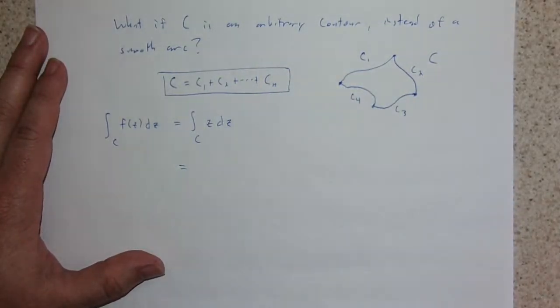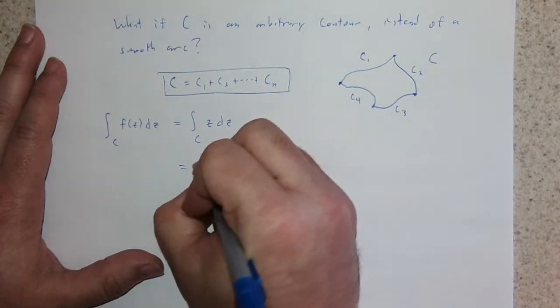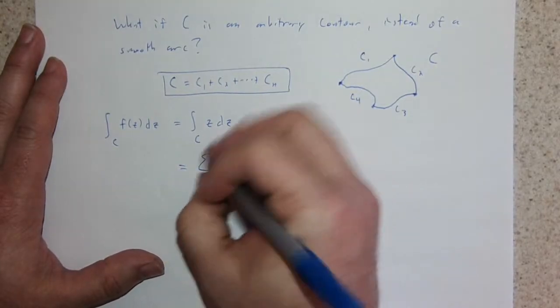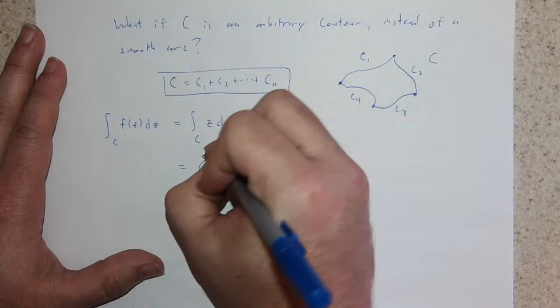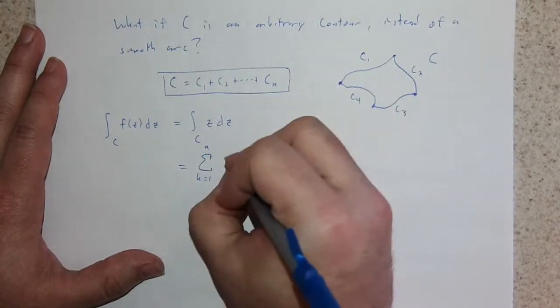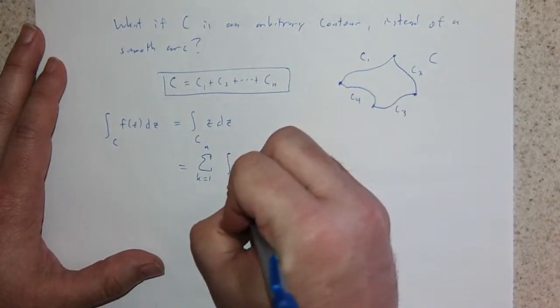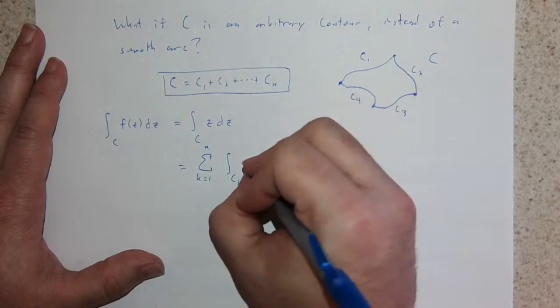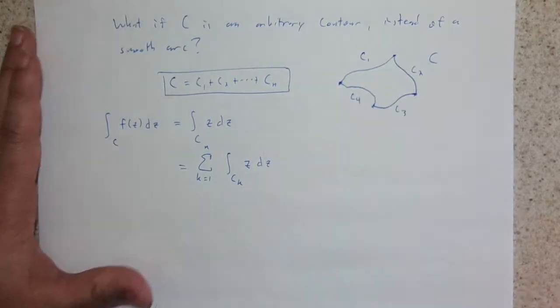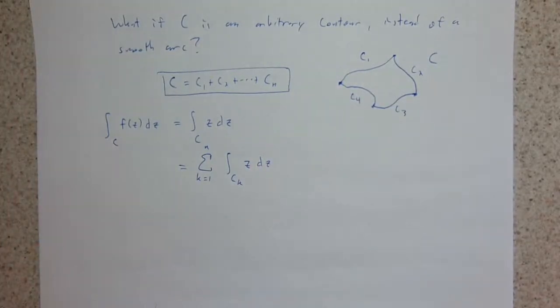This is then the sum, let's use k here, k equals 1 to n of the contour integral over C sub k of z dz, but we know what those are, right?